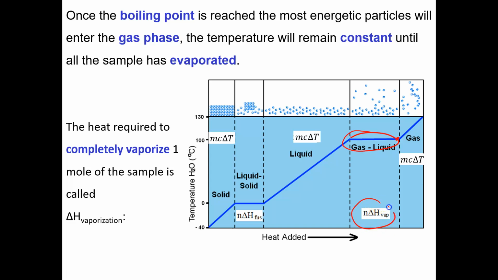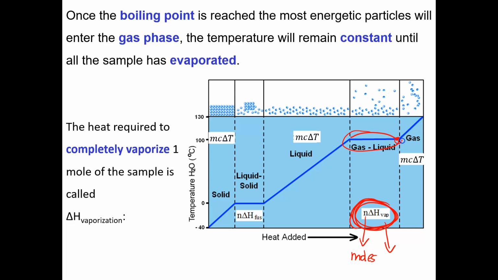Now, the energy required to boil our substance depends on two things: the size of our sample, how many moles we have, and the enthalpy of vaporization, which is the heat required to vaporize 1 mole. So that's how we can figure out the energy that we need to evaporate our object.